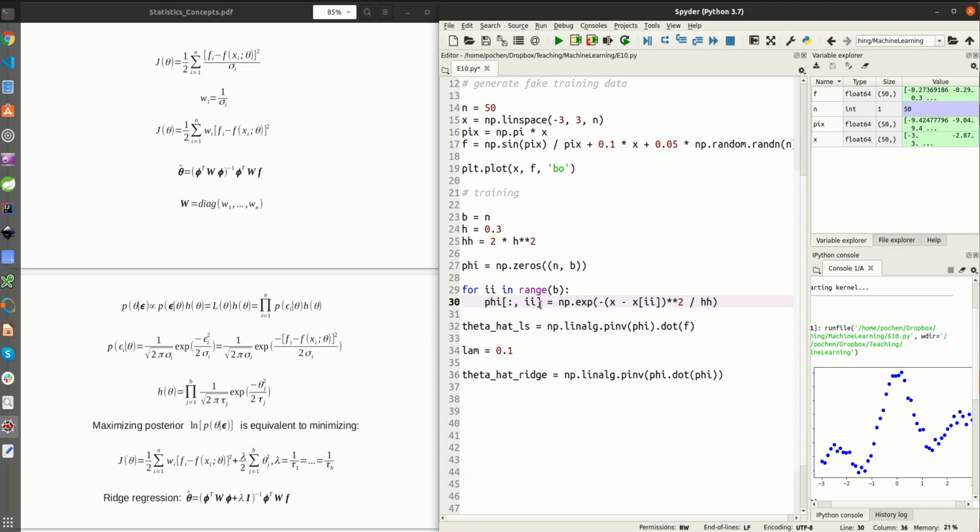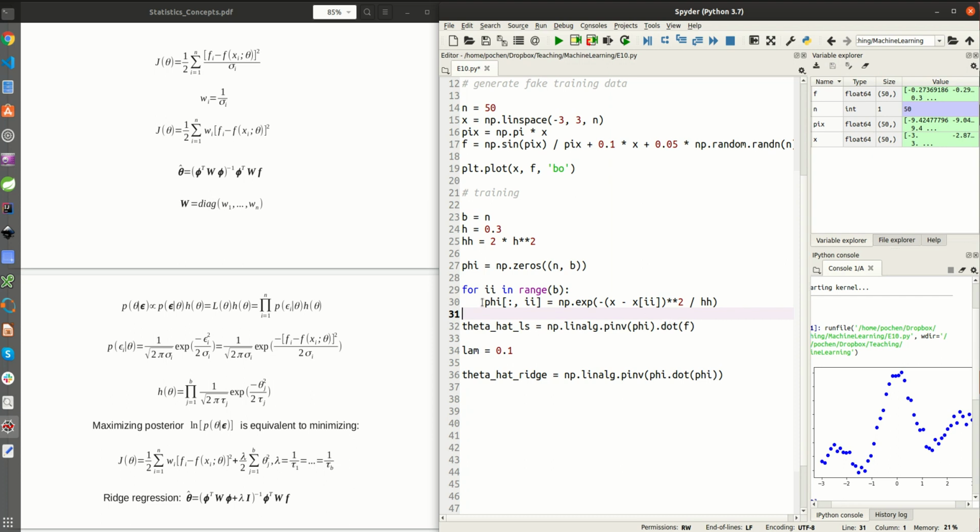But if I switch the two indexes, suppose I switch the role of JJ and II. So now I replace II with JJ, and the index here, JJ becomes II, right? It's going to be exactly the same, equal to II subtract JJ. Why? Because you have a square here, right? So it means that phi II JJ actually equals to phi JJ II, right?